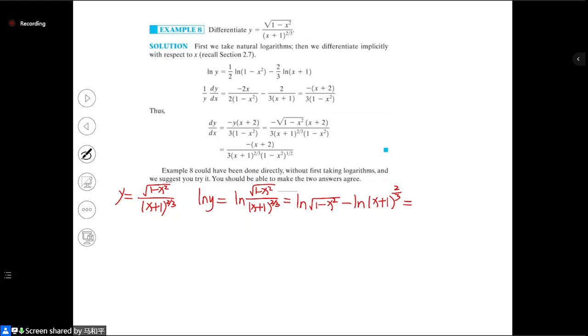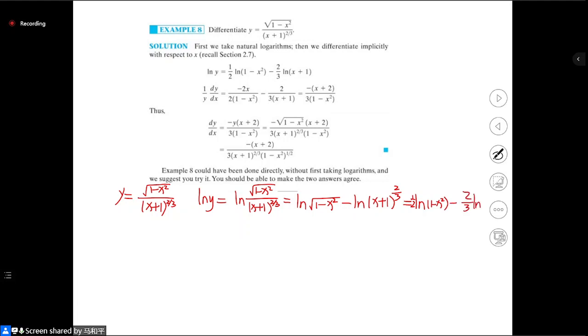Here, the square root, we write as power 1 over 2. So we write 1 over 2 ln(1 minus x squared), and minus 2 over 3 ln(x plus 1).